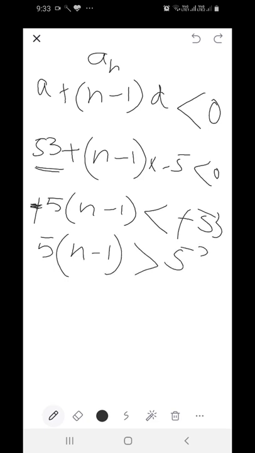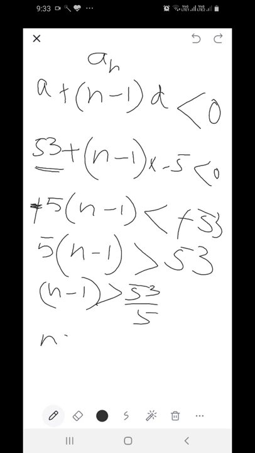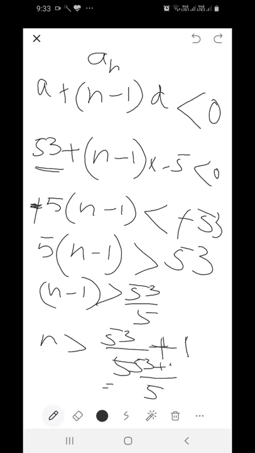It becomes greater than 53. Now you can take this 5 to the right, divided by 5. n is greater than 53 upon 5 plus 1. 5 is the LCM. 53 plus 5 comes out to be 58 upon 5.